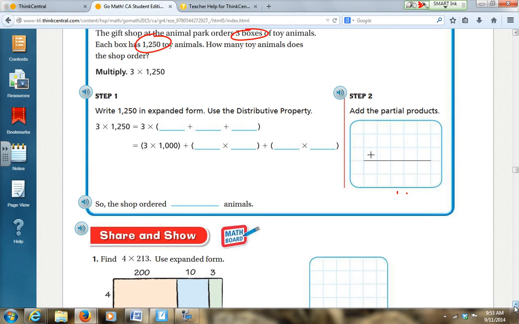Naji, do you know how to do expanded form? Okay, so what is 1,250 in expanded form? 1,200. Okay, why didn't they go over to the 0? Oh, because there's no 0, right? There's no 1. Good. All right, so we have 3 times 1,000, 3 times 200, right? And 3 times 50. What is 3 times 1,000, Jessica?